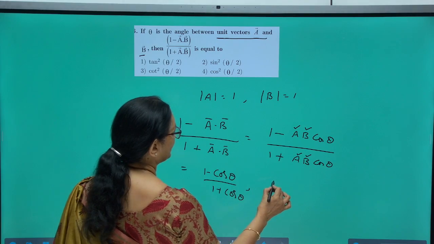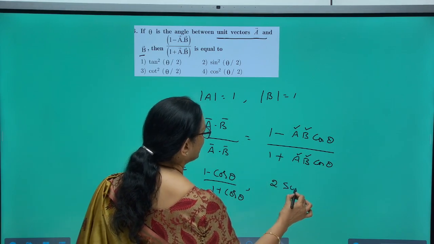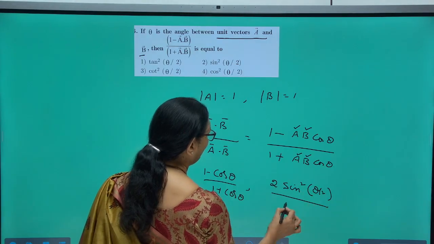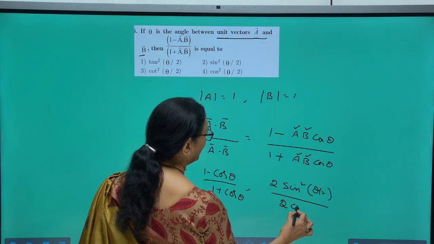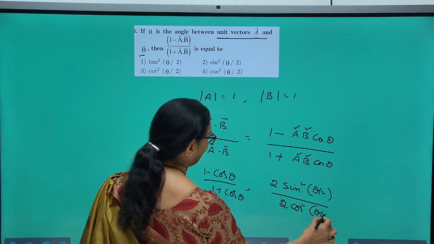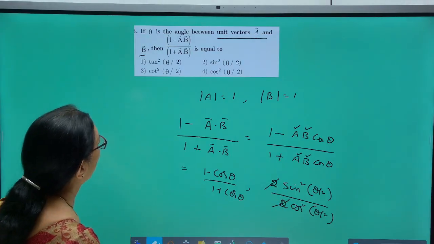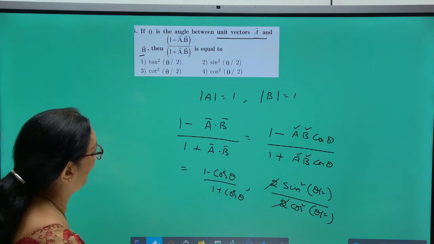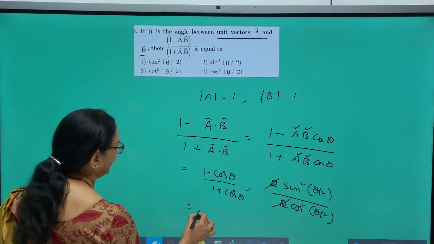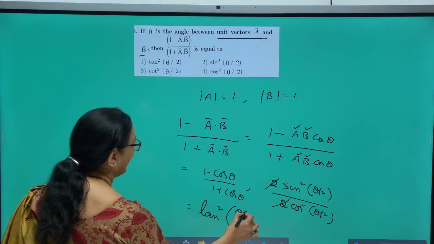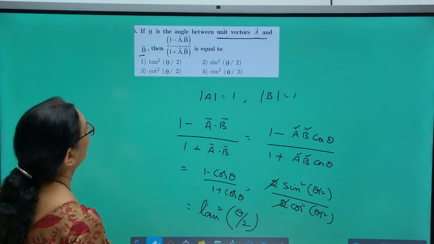So, this is equal to 1 minus cos theta by 1 plus cos theta. 1 minus cos theta is 2 sin square theta by 2. 1 plus cos theta is 2 cos square theta by 2. So, this and this get cancelled. Sin square theta by 2 by cos square theta by 2 is equal to tan square theta by 2. That is the answer.